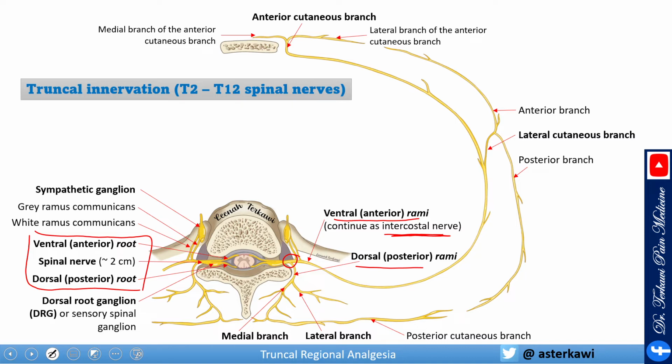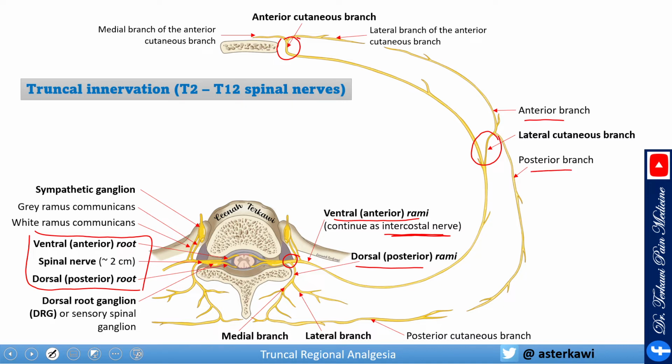Now, the intercostal nerve has two main branches. The lateral cutaneous branch, usually about the mid-axillary level, and closer to the sternum, it gives you the anterior cutaneous branch. So, as you see, the lateral is further divided into anterior and posterior.